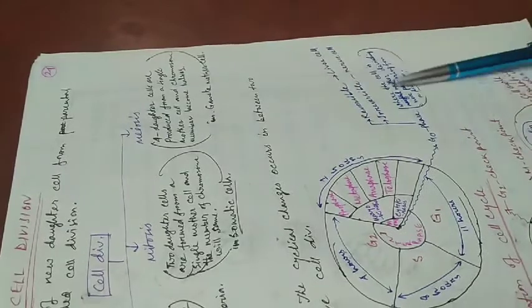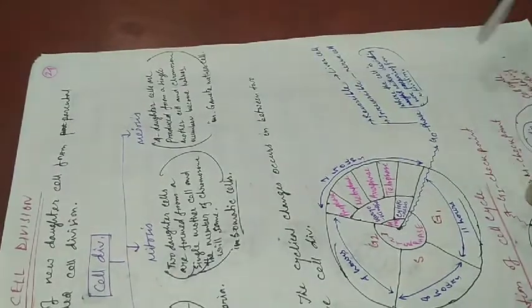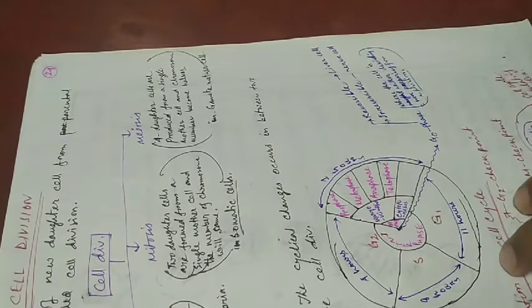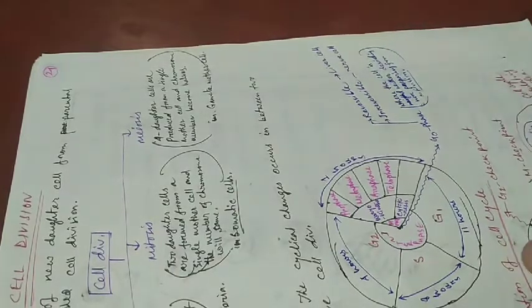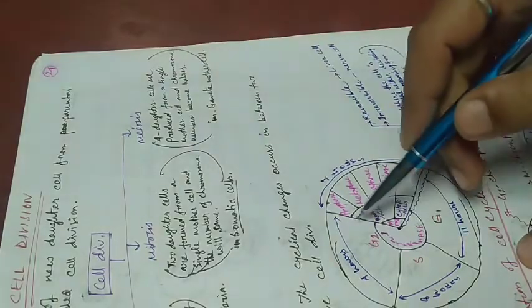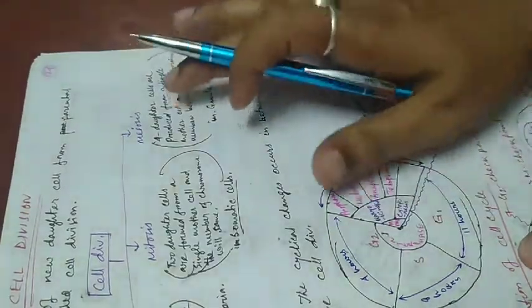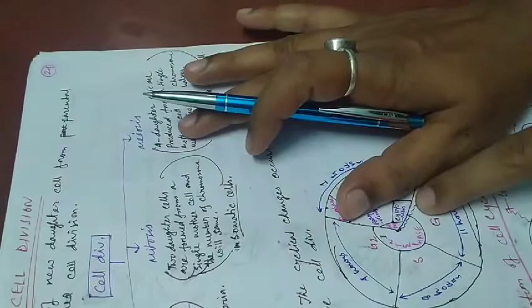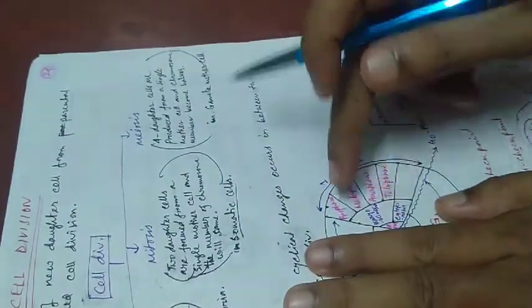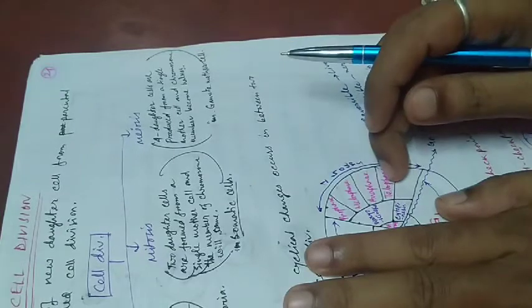We can differentiate the cell cycle into two parts. This portion is called interphase, and this portion is called mitotic phase or divisional phase.